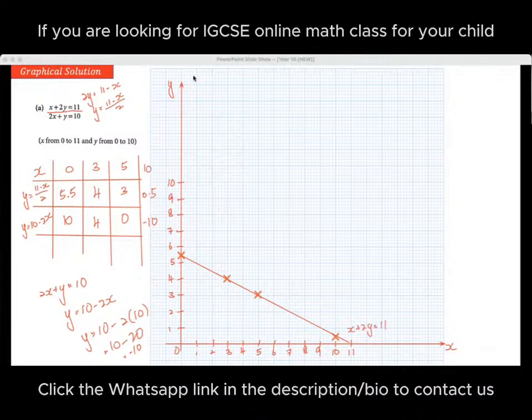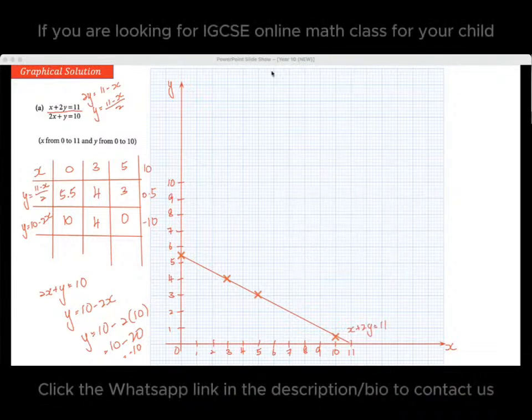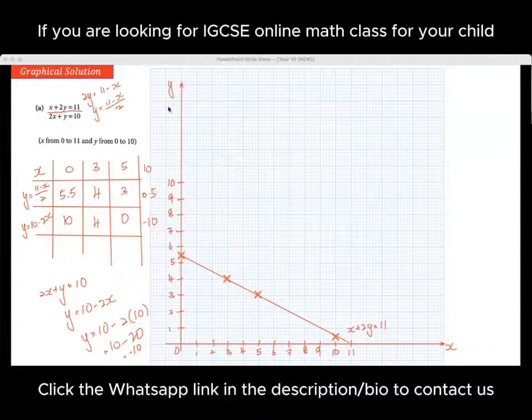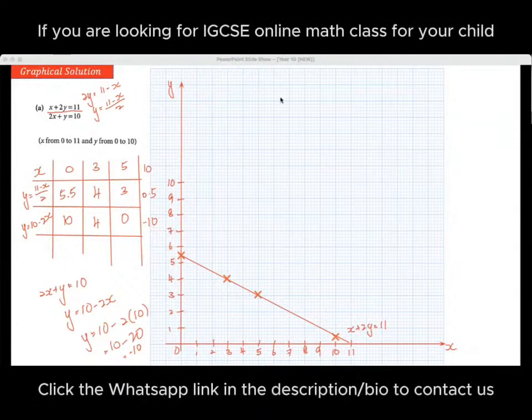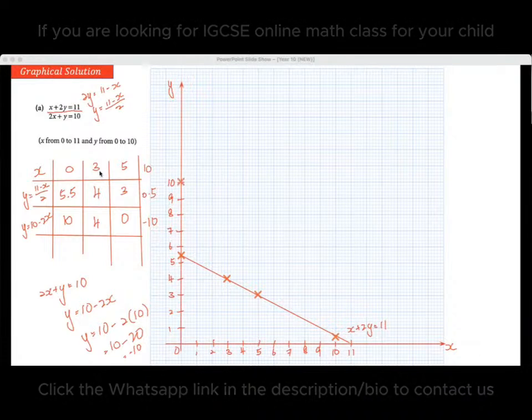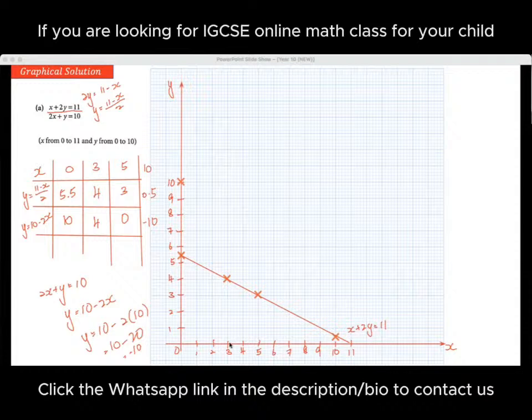Okay, and then I'll plot another one. When x equals 0, y equals 10. 0, 10 is here. 3, 4, same point. 5, 0 over here.